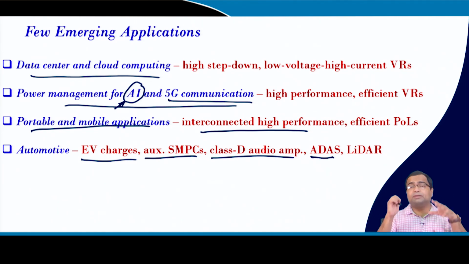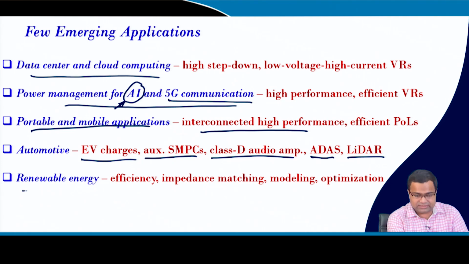ADAS is also a very big area, where there are radars, right, and you need an envelope power amplifier for fast real time communication. Then the camera has to be extremely fast, and then you have the electronic control unit, and there are huge processors. So, all these require multiple power supplies with high computational capability. So, you need a very high end power supply, and lidar is also very important here.